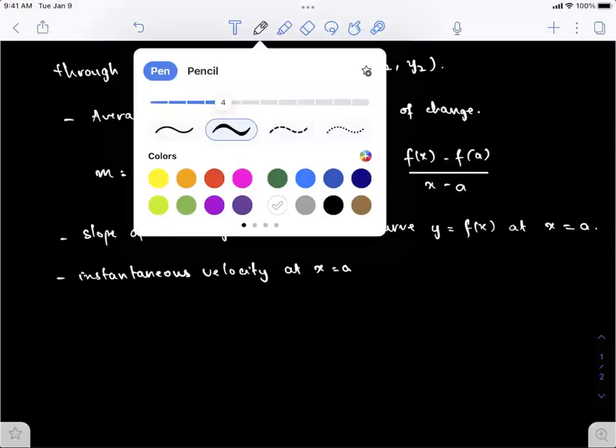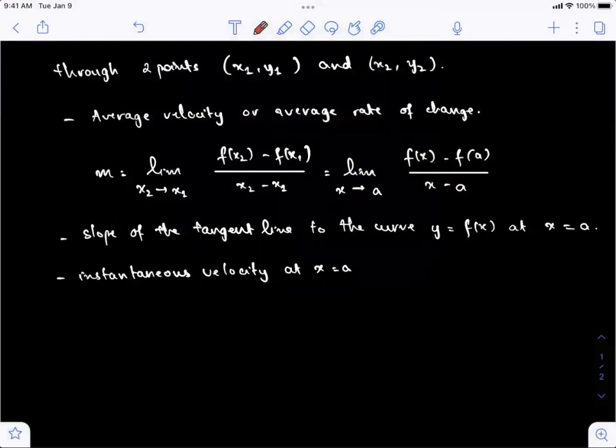The notation that we usually use is f prime of a. That is the derivative as a rate of change, or the derivative as the slope of the tangent line, or the derivative as the instantaneous velocity. In a more general form, we rewrite this formula in the following manner.